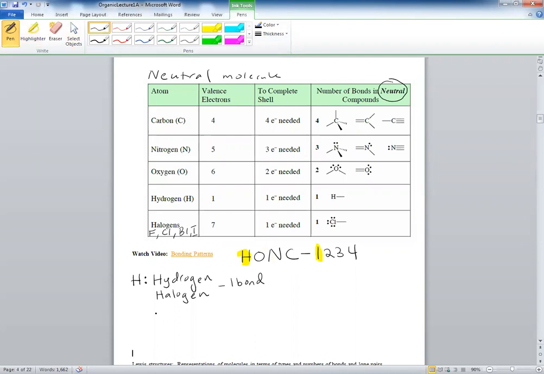The O, what do you think that is? Oxygen. That requires 2 bonds.